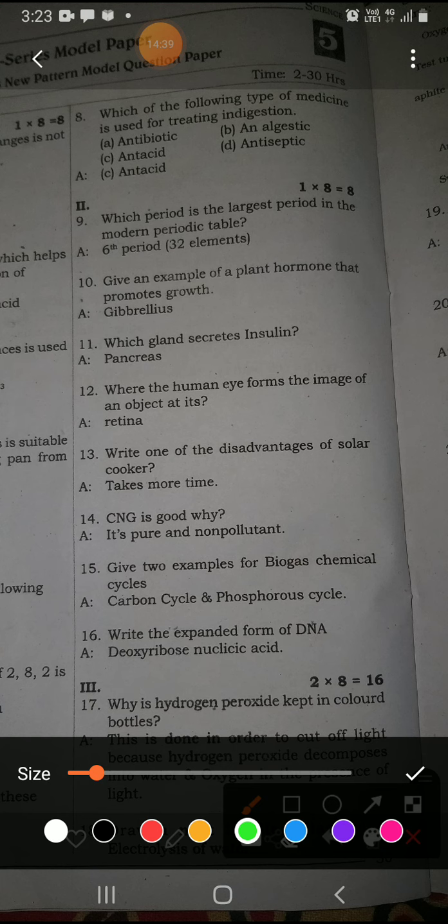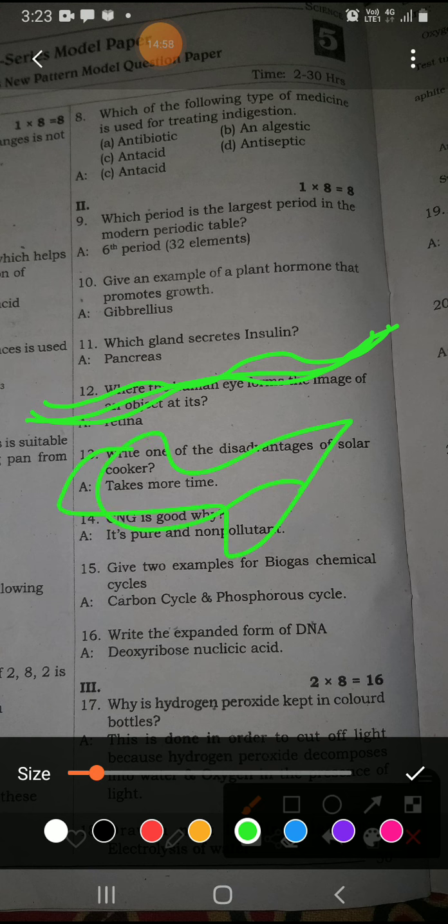Suppose I ask what is the reason for how fossil fuels are formed. Remember children, I told you many times, thousands of years ago, the fossils of living organisms got embedded in the earth's crust, and slowly over a period of time they became fossil fuels in the form of diesel and petrol, right?